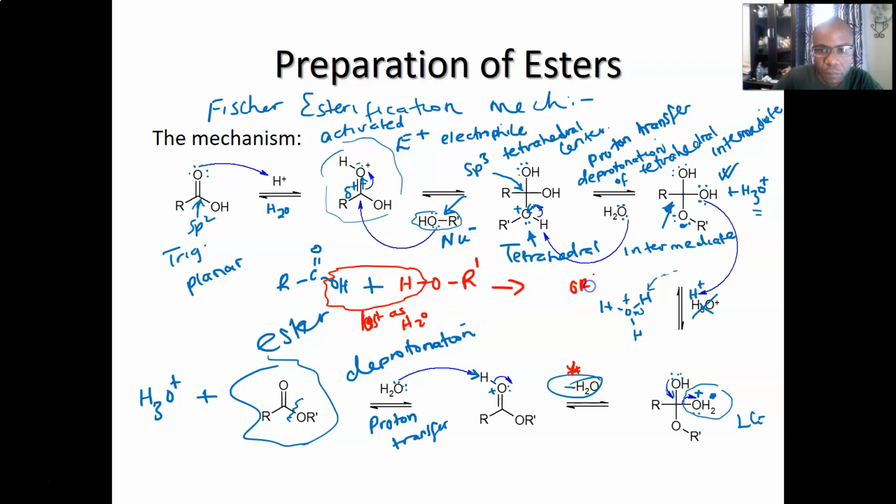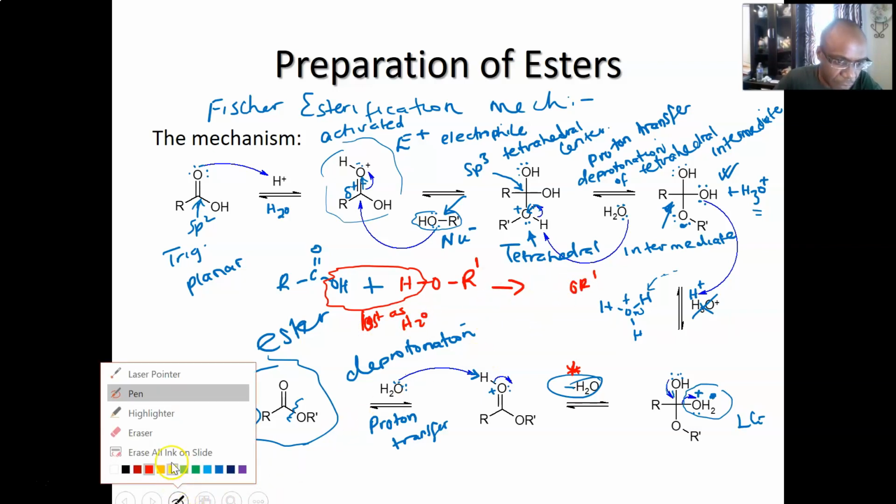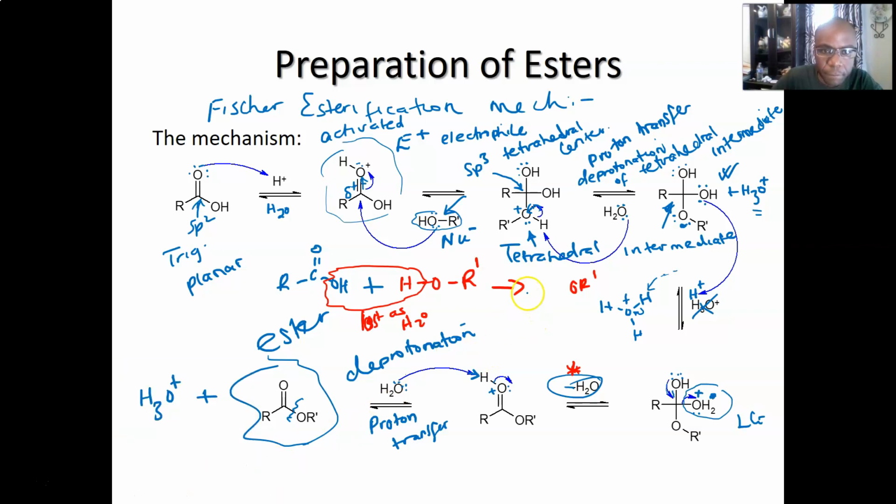So the OR prime will be combined with the carboxylic acid part. You get an ester. So this molecule right here is just this molecule right here. So that's the general idea. This happens through all these messy mechanisms. Unfortunately, that's the language of organic chemistry.